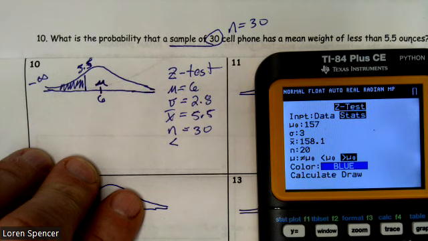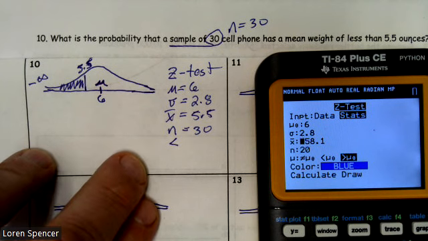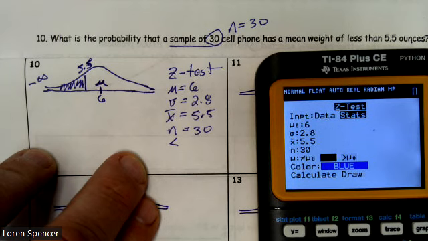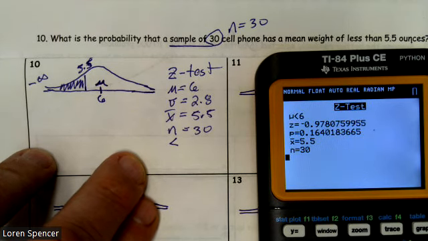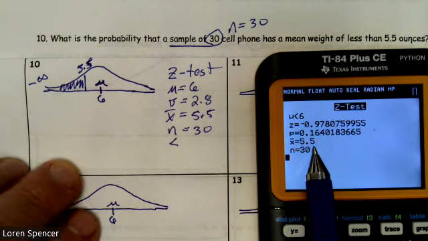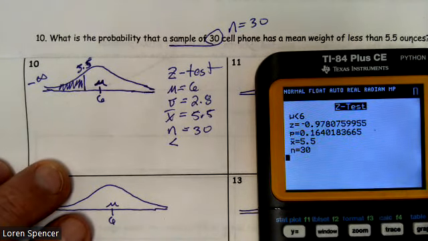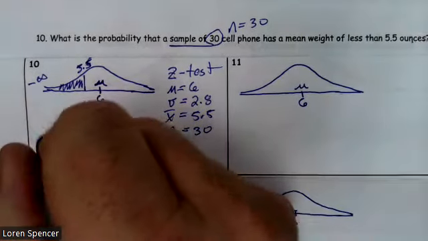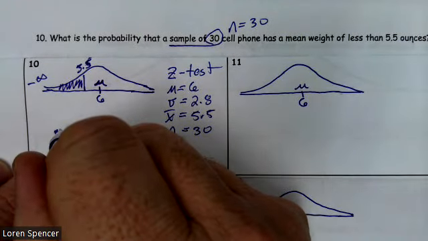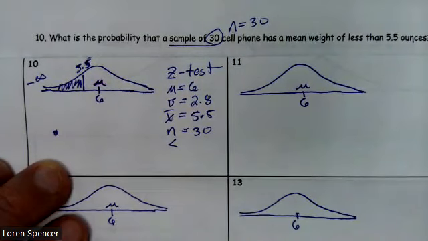Mean, 6. Standard deviation, 2.8. X bar, 5.5. N is 30. Less than. And we end up getting a 0.1640 or 16% for our probability.